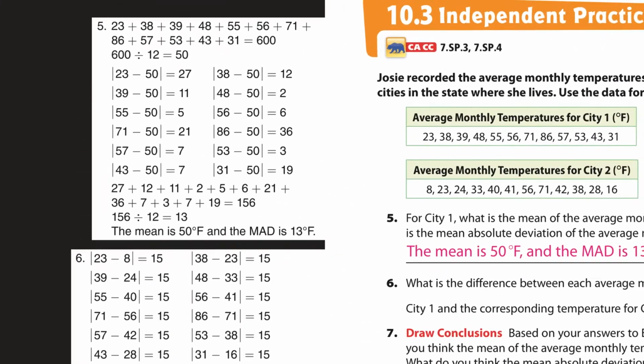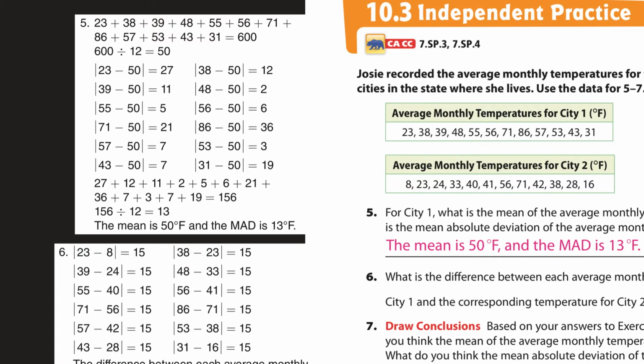So here we have corresponding. That word corresponding, I'm going to highlight it right here. Corresponding means this must be January. So we have 23 minus 8. There it is, 23 minus 8. That's 15. And then we have 38 minus 23, which is the next one, right there, 15.